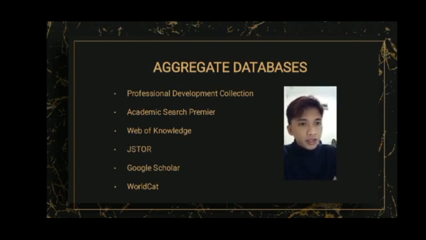The second is Academic Search Premier. Academic Search Premier is the world's largest academic multidisciplinary database. It provides full text articles of more than 4,000 peer-reviewed scholarly publications and indexes more than 9,000 peer-reviewed scholarly publications.